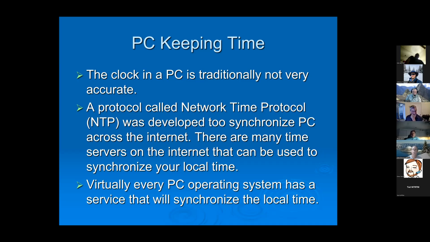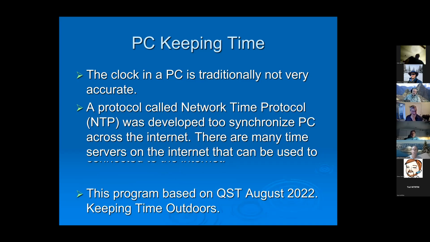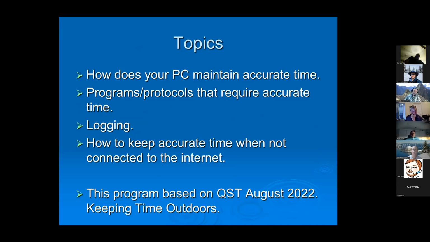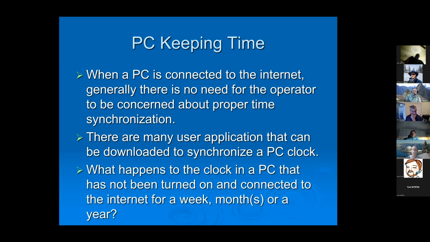Virtually every PC operating system has some kind of service that will synchronize its local time, so the operating system knows to some level of accuracy what time it is. Windows has a really nice time service, except it's a little on the sloppy side in how it keeps time.